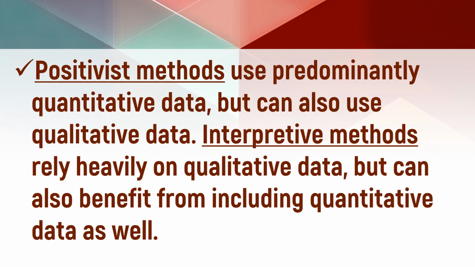Positivist methods use predominantly quantitative data but can also use qualitative data. Interpretive methods rely heavily on qualitative data but can also benefit from including quantitative data as well. So again, positivist is more on quantitative, interpretive is more on qualitative. Okay, but still they can benefit from other data as well.